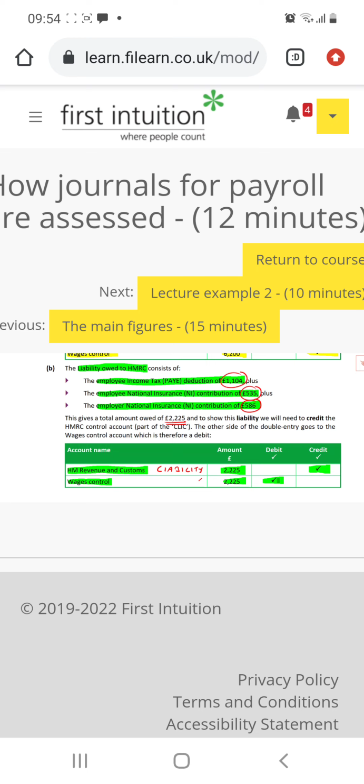The computer will just mark it, so you can put the credit first, followed by the debit. That's absolutely fine. It makes no difference which way around you put those lines in the real assessment. Here, because the bit we're thinking about is that I need to create that liability, we've put that bit in first and then said the other side goes to wages control.